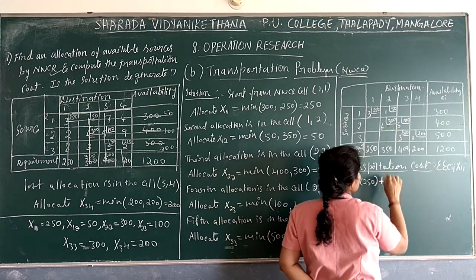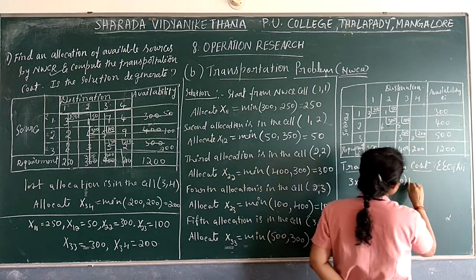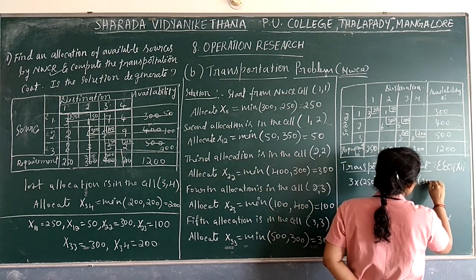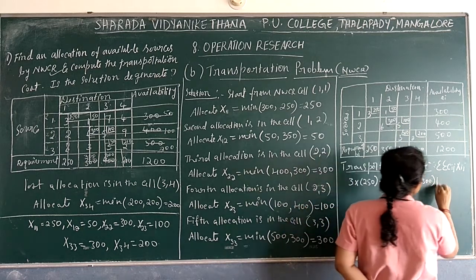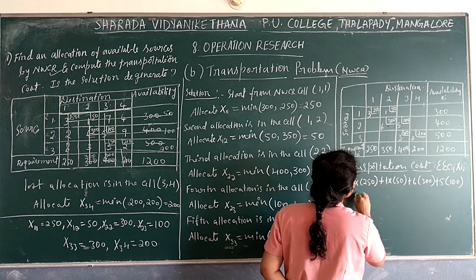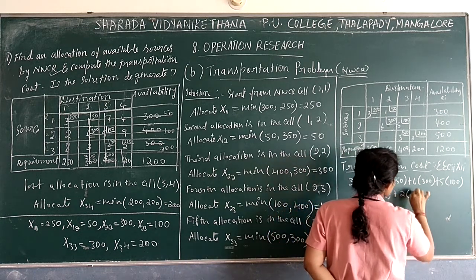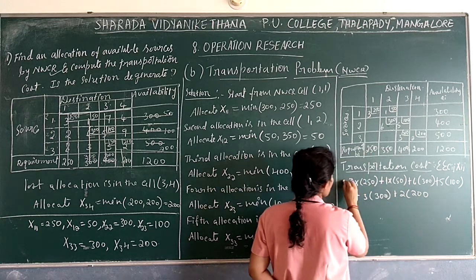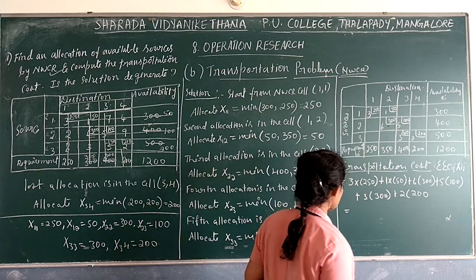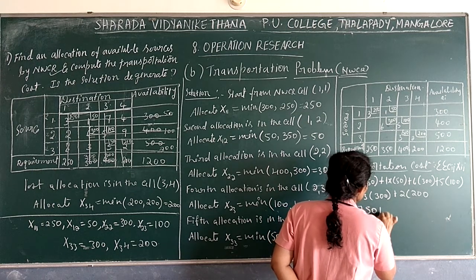250 plus 1 into 50 plus 6 into 300 plus 5 into 100, then plus 3 into 300 plus 2 into 200. Now what do we get? When we multiply 3 into 250, we get 750.